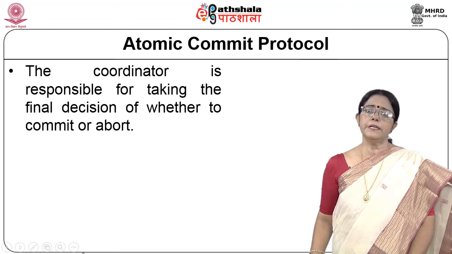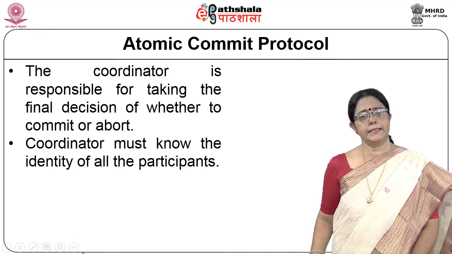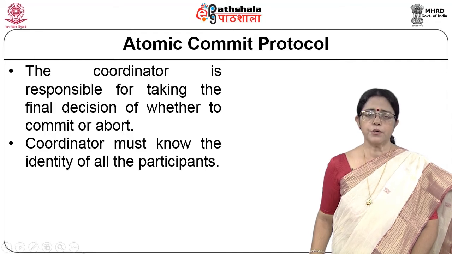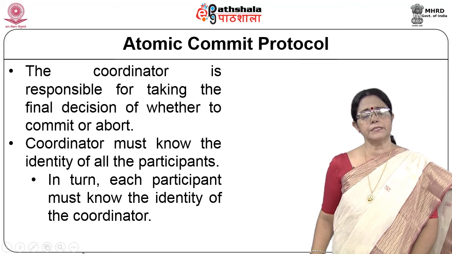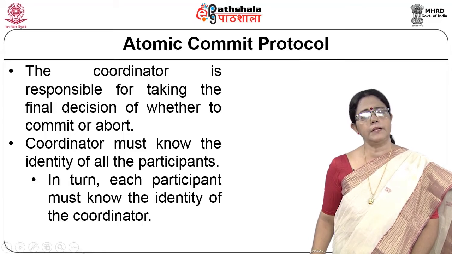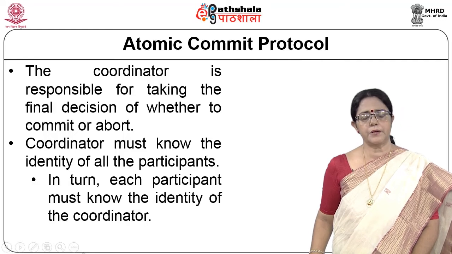Now, in an atomic protocol, the coordinator will take the final decision to abort or to commit. The coordinator needs to know all the participating servers' addresses, basically their IP addresses or whatever RPC they are implementing.